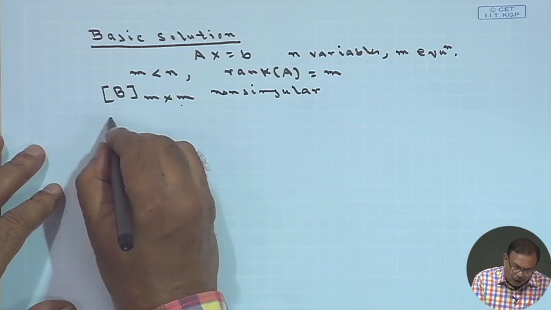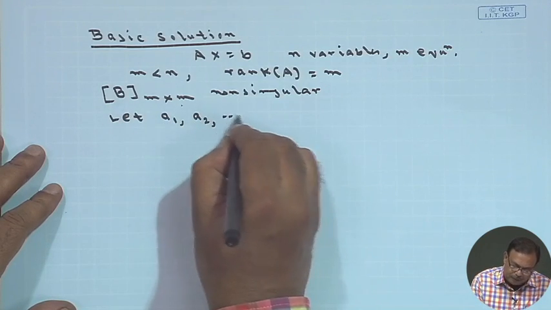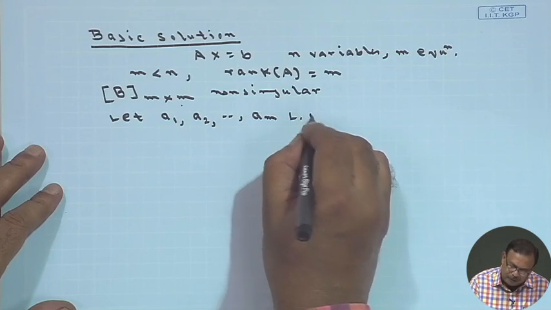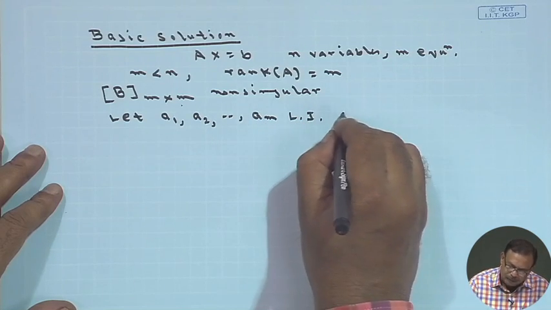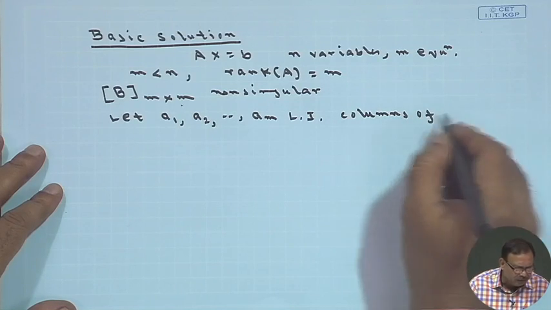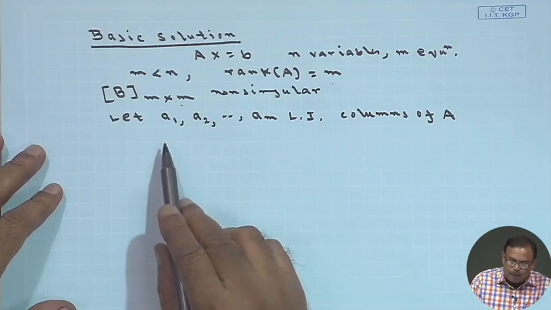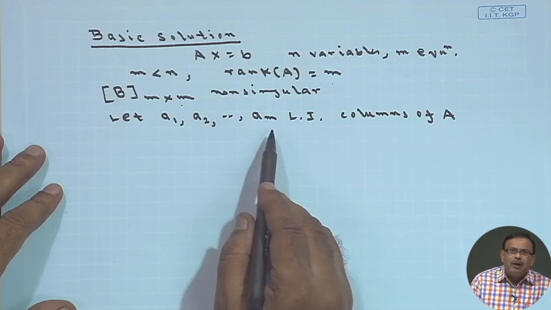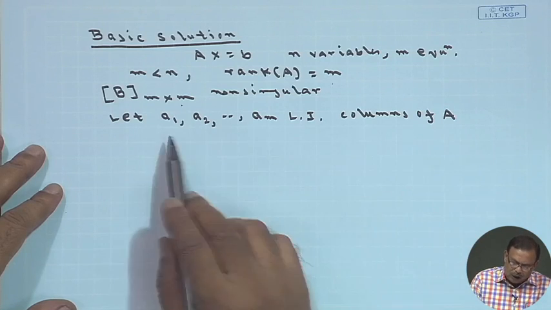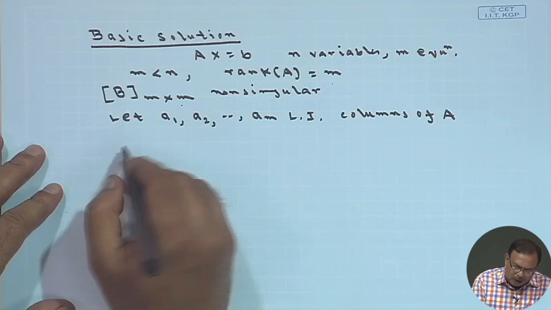So let A1, A2, Am be the linearly independent columns. Since the rank is m, I must get m linearly independent columns of A. So A1, A2, Am are linearly independent columns.